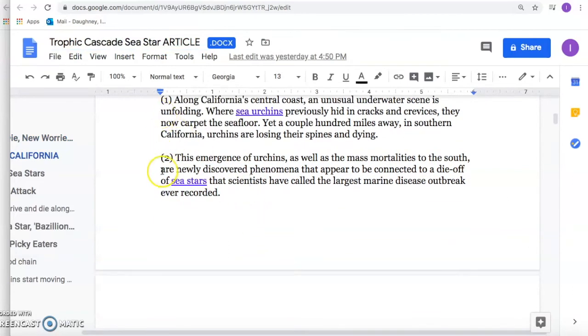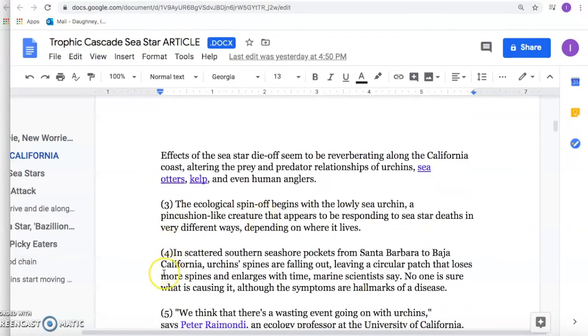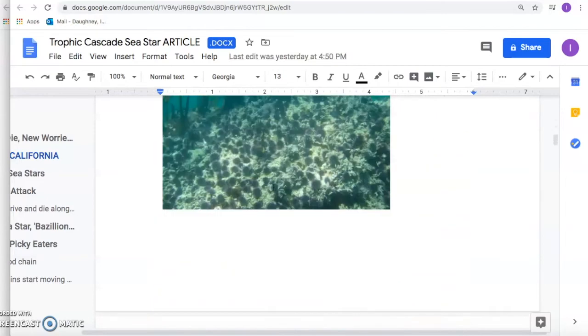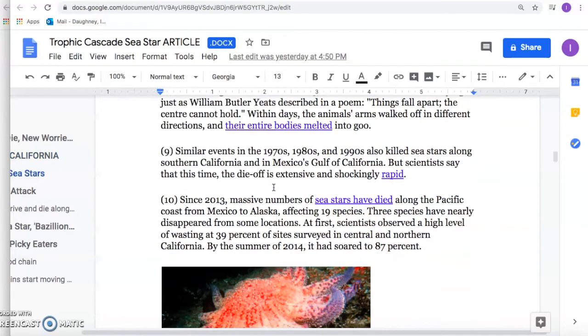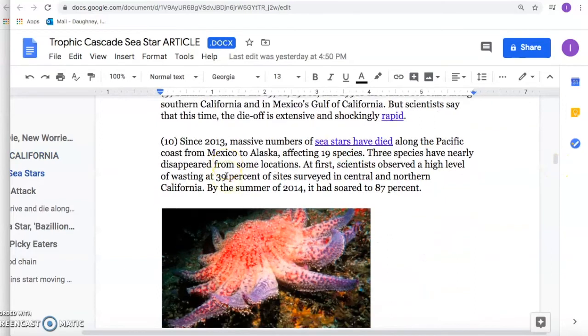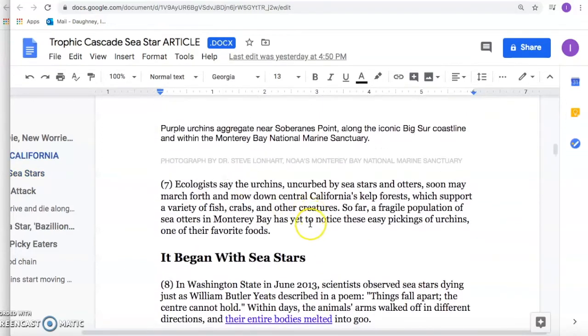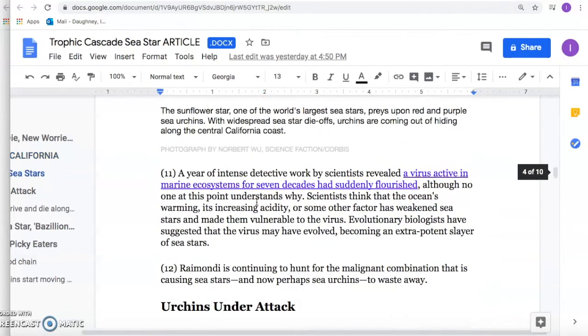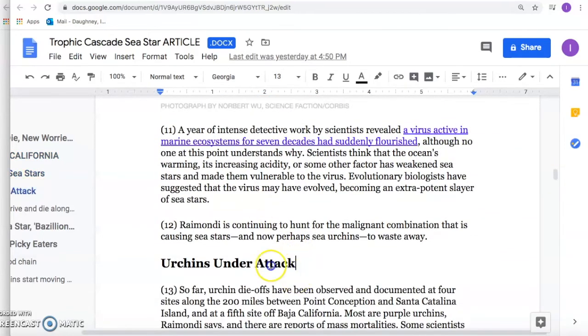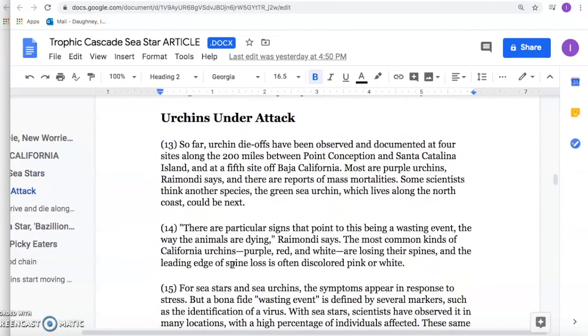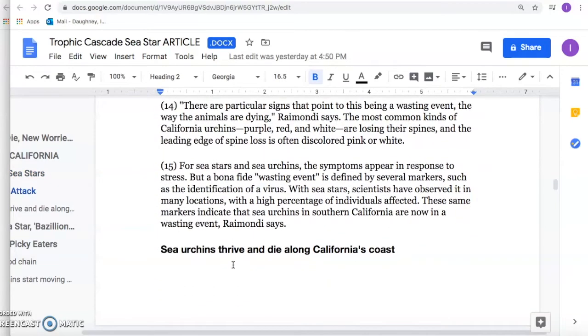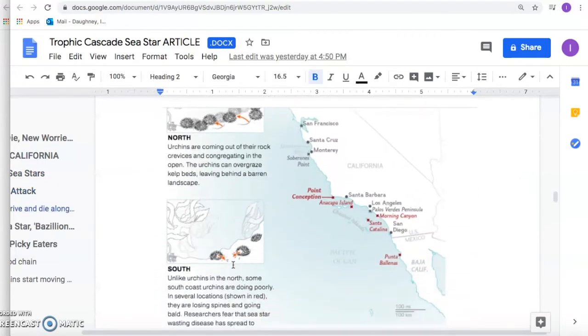So it has numbers for each section of the article. So you're going to go through this, and it's very quick, right? Now we're on page 3, and I'm already on section 10. All right, so it's got a lot of pictures, it's got big quotes, it takes this whole thing and breaks it up into chunks. So this will be a quicker read than you think it will, I promise.